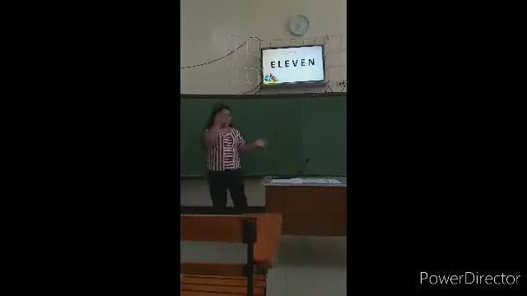Why? Because we have listed here the possible outcomes. We have 1, 2, 3, 2, 3, 1, and 3, 1, 2. Those arrangements are just the same. And then for 1, 3, 2, 3, 2, 1, and 2, 1, 3, those are also the same. So if you would take a look at the arrangements here, those arrangements are just the same.